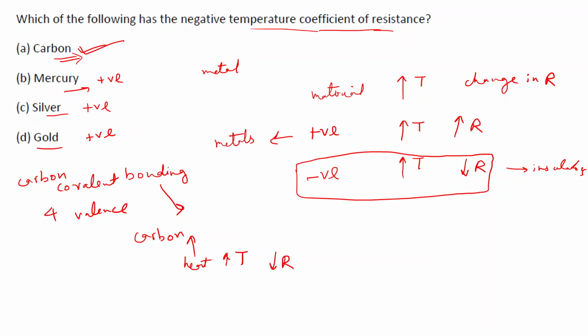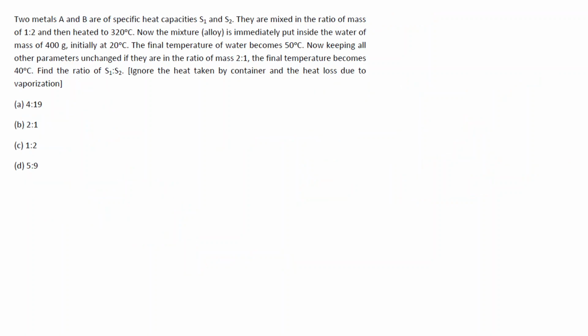Now the next question is related to specific heat capacity, it seems. Two metals A and B have specific heat capacities S1 and S2. So we have two metals, metal A and metal B, with specific heat capacities S1 and S2.